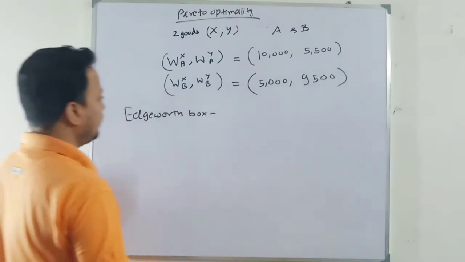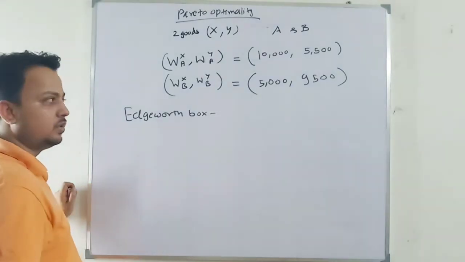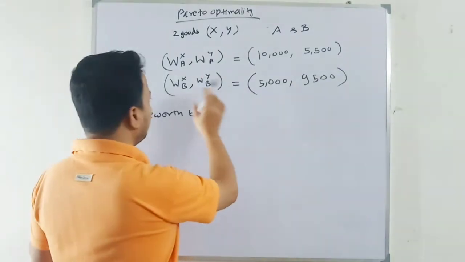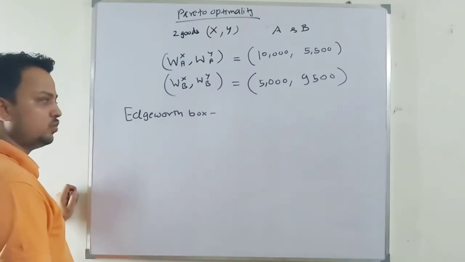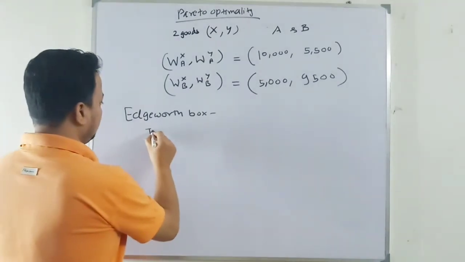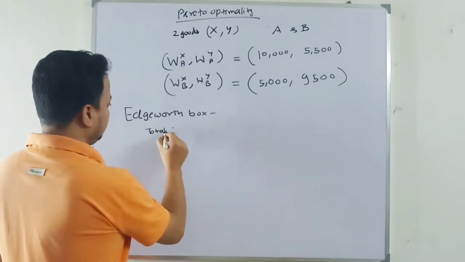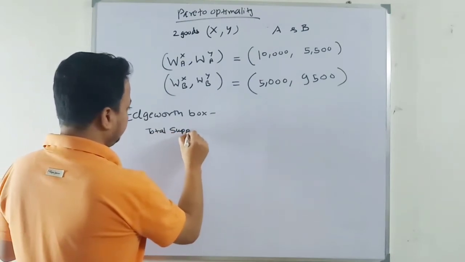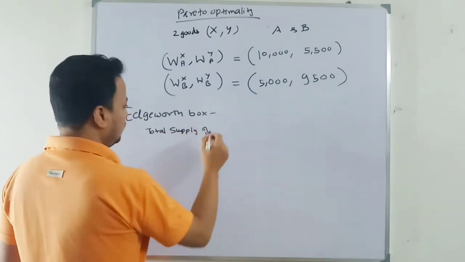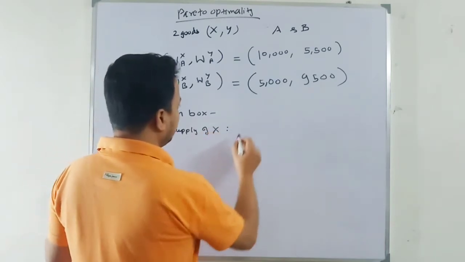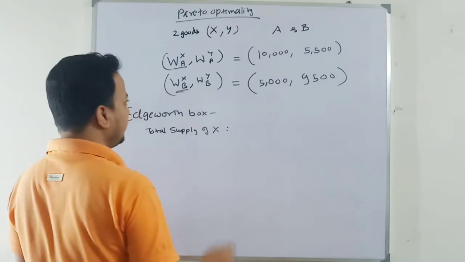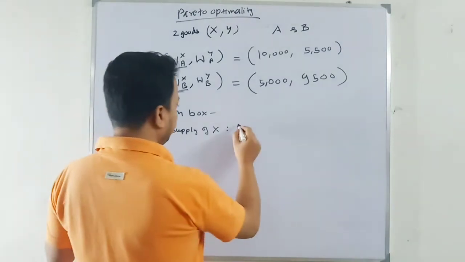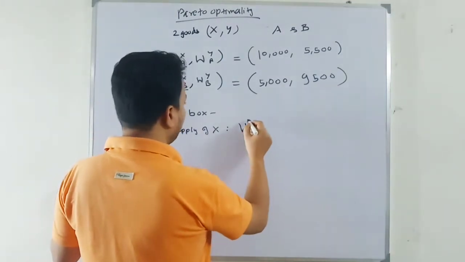And you all know the dimension of the Edgeworth box depends on the total supply of good X and good Y. So I need to take out the total supply of good X and good Y. For good X, I need to add, and I will get the total supply, or total endowment, of good X.